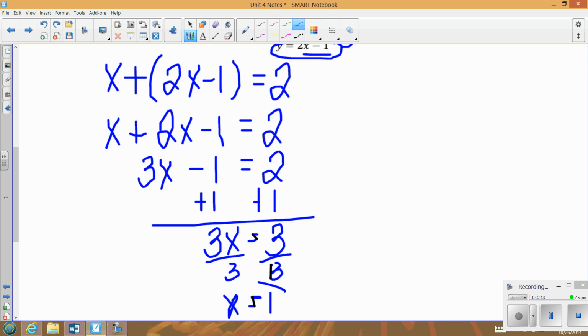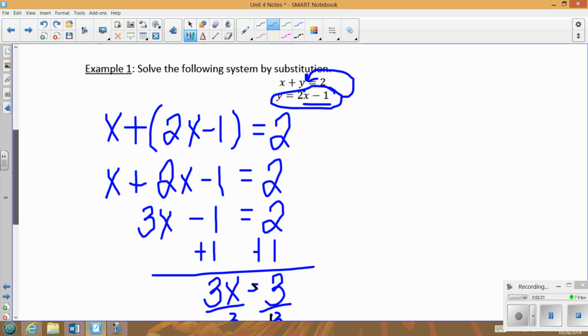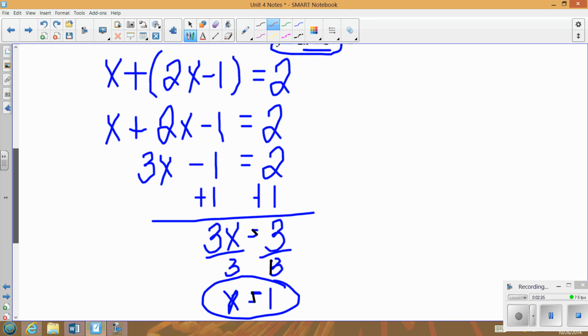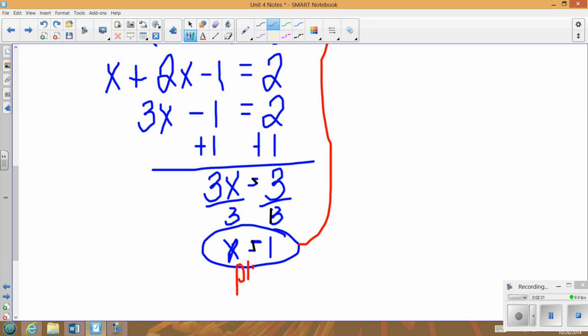So x equals 1 is my solution for x, but I need to make sure I get solutions for x and y because this is a system of two variable linear equations. So now I'm going to plug this into either equation. It doesn't matter because it has to work in both.